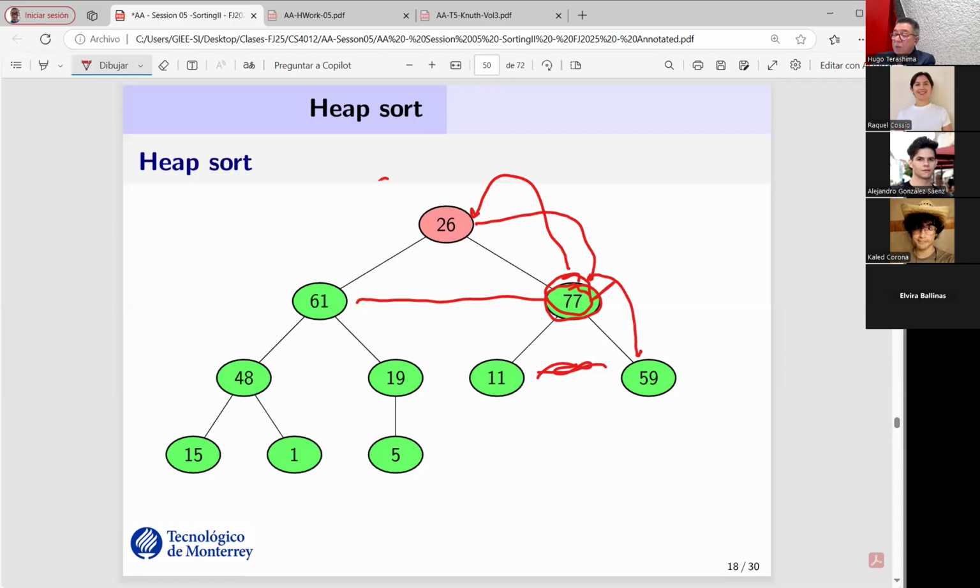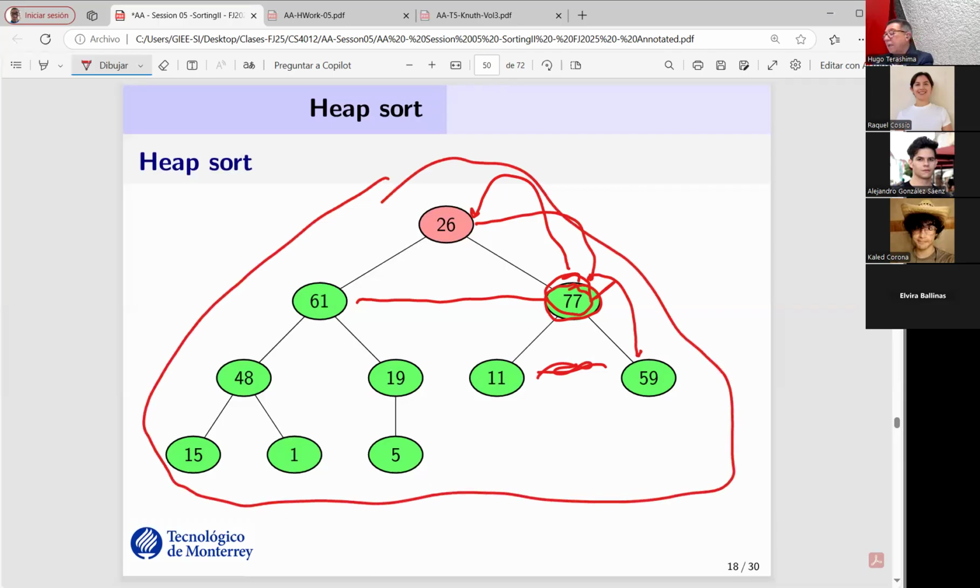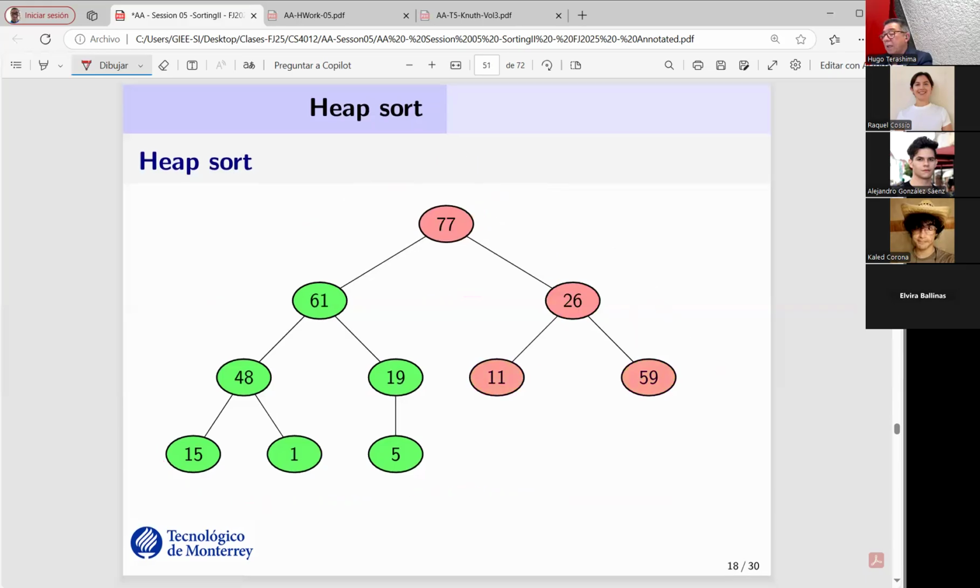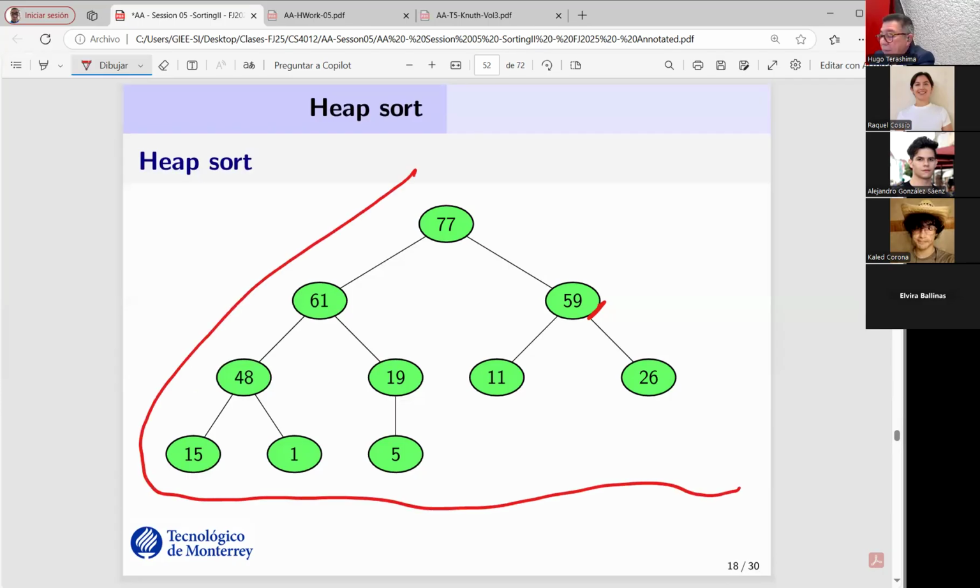So here we are constructing a larger heap, which is the heap that we are having, right? So 77 here, 26 here, but before you put it there or leave it there, you just move 59 to the level here, right? So the question is, is this a heap?